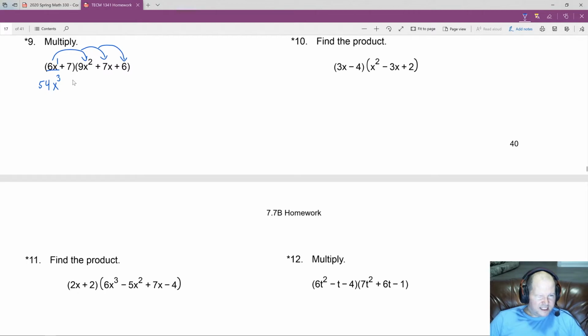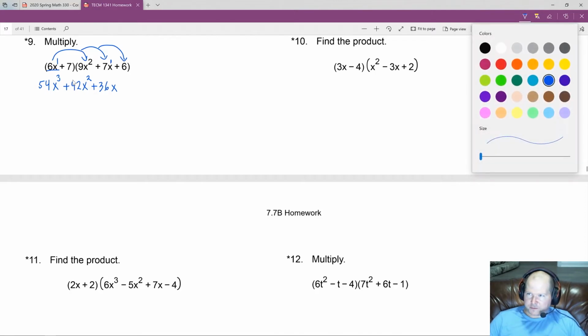Next, 6x times positive 7x. 6 times 7 is 42, and x to the first times x to the implied first is going to be x squared, because 1 plus 1 is 2. Next, 6x times 6. 6 times 6 is 36. And because we have an x in the first one and no x's in the second one, we just bring along the x.